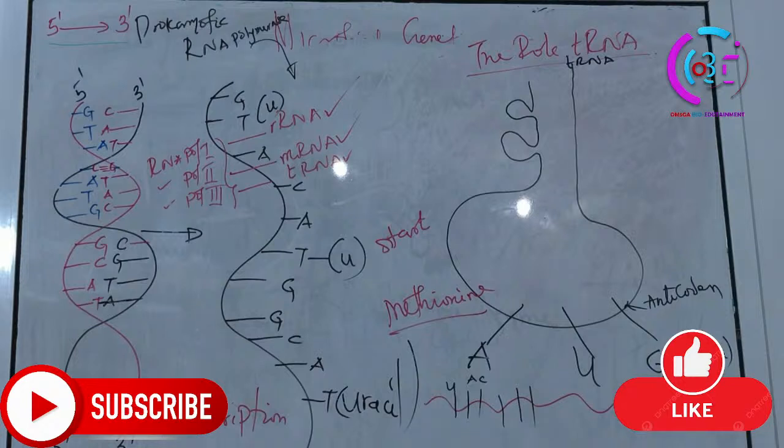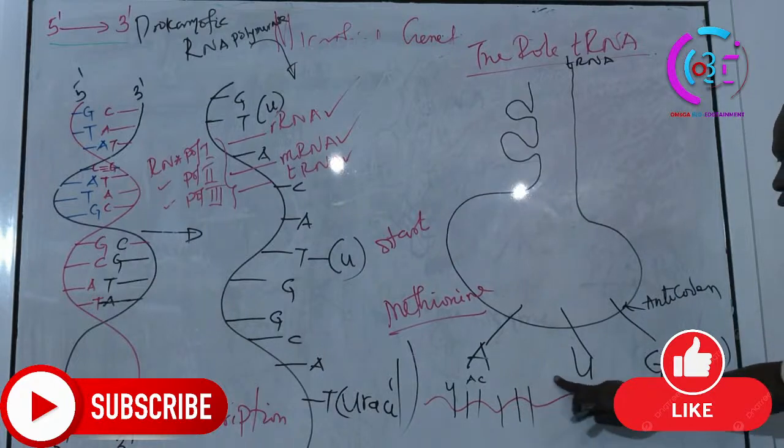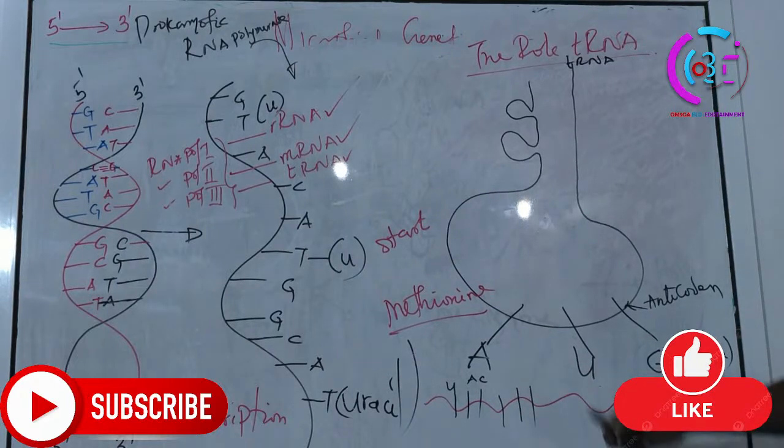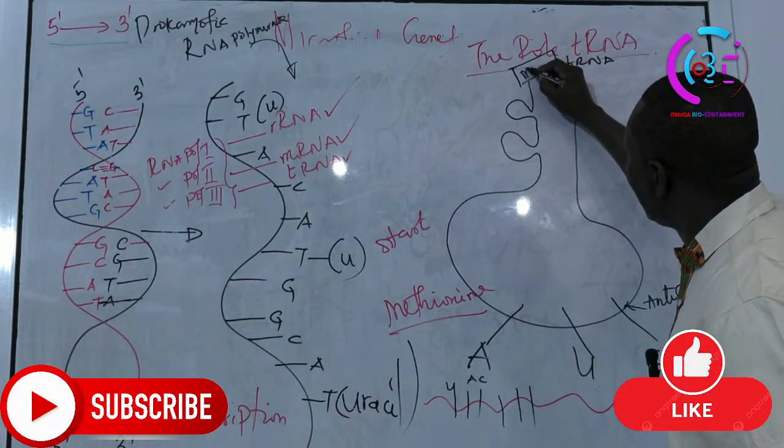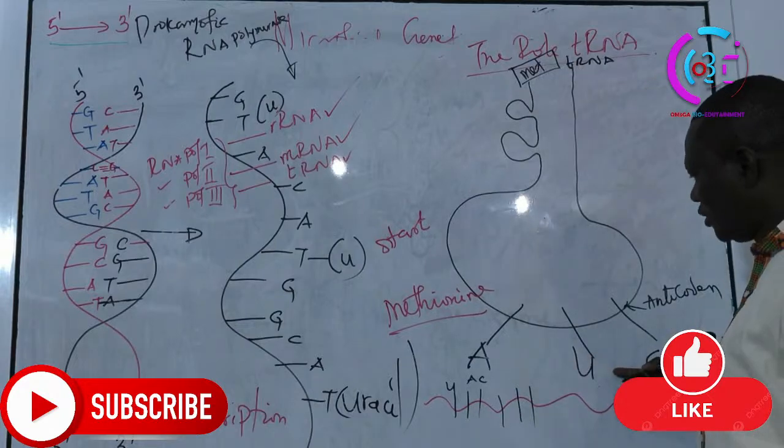Immediately after that, let's now look at the function of transfer RNA. I told you that the first thing that the transfer RNA does is that it exposes the region for binding. So at this level, this is AUG. At this other part, you have methionine, because this one is coding for methionine.